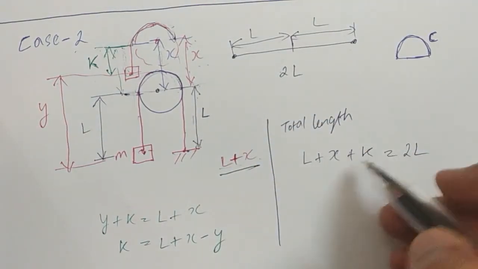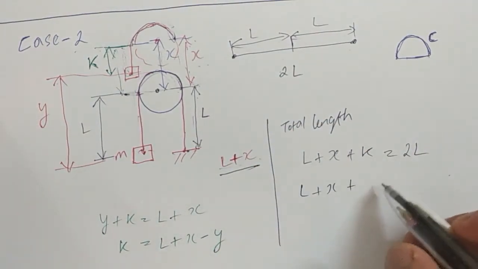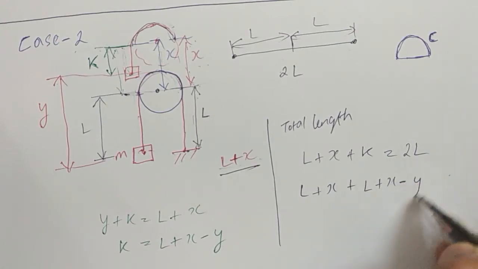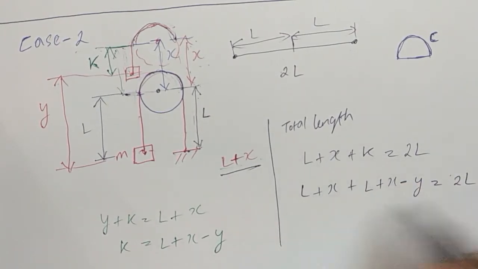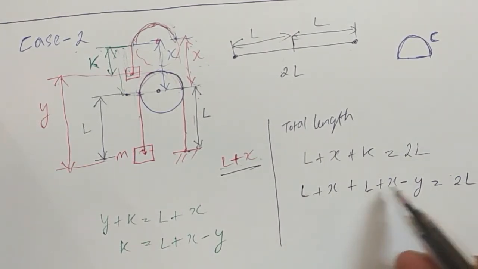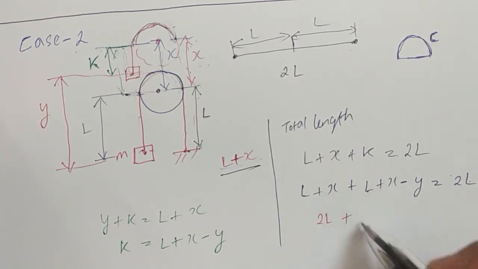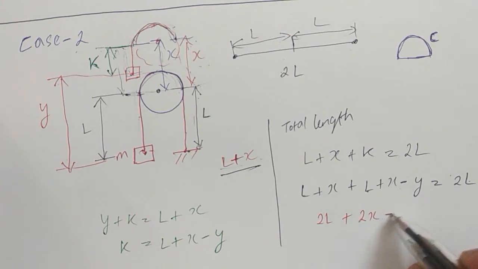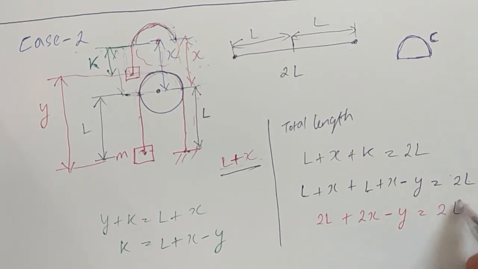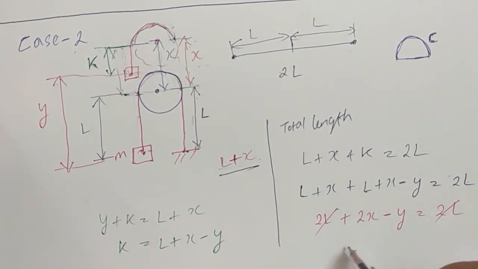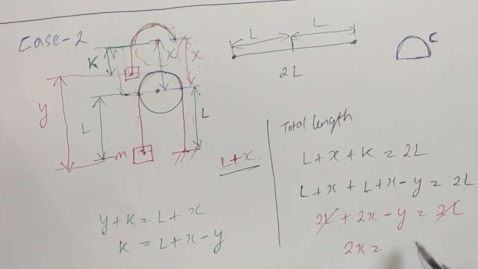So in this case, if you substitute the value of k, then you will be getting this equation, and here the magic is happening. L plus L will add up to be 2L, there are two x terms that will add up to be 2x, and minus y is equal to 2L. So this 2L and 2L is getting cancelled, so you can see that 2x is equal to y.